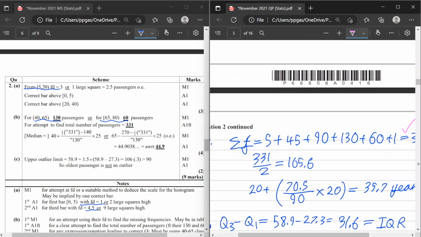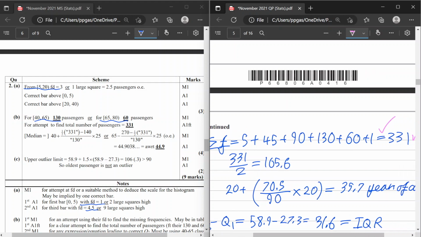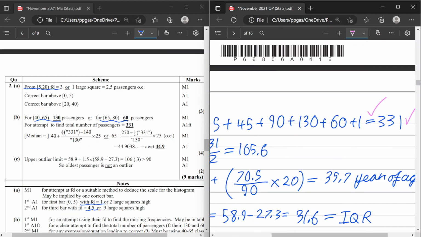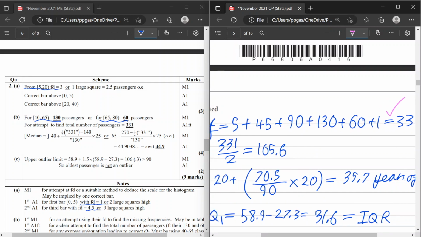So 165.6. What you want to do is once you have the total number of passengers, you can then halve that to find out how many passengers into the whole set of passengers the median will be. So in this case, the median will be the 165.6th passenger. Oh, wait, that's not right.